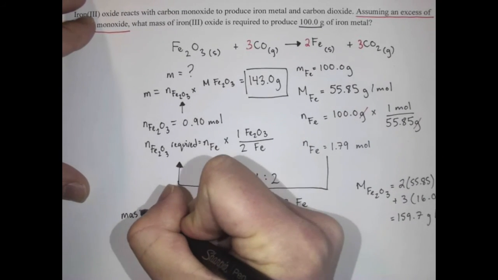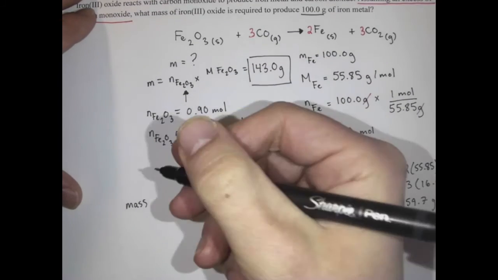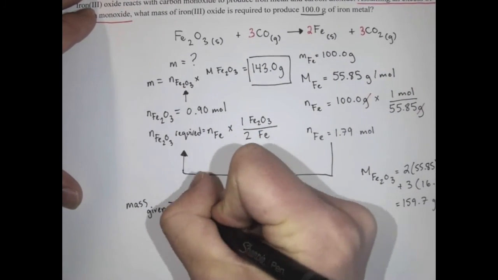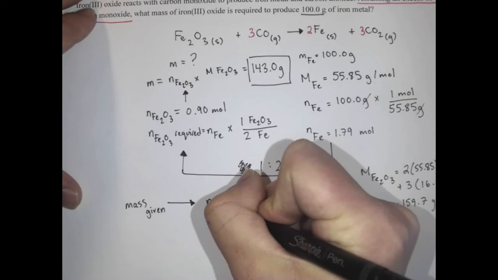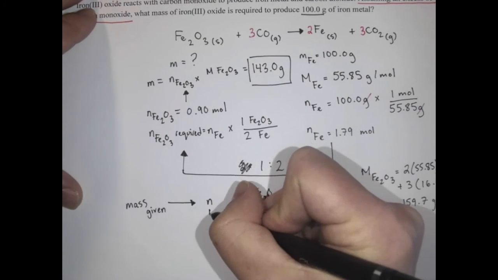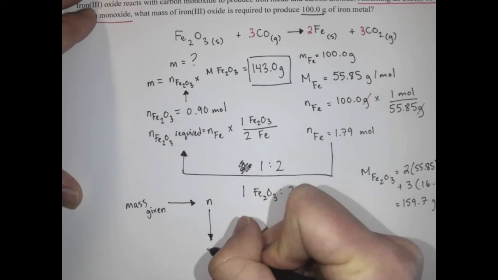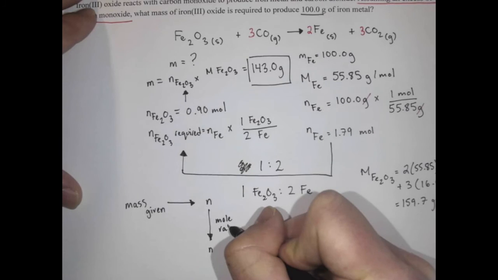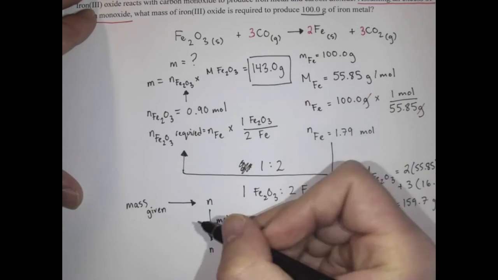You'll start with a mass of something, mass of some sort of given quantity. You're going to have to convert it to moles. Then you'll have to take those moles and convert it to moles of something you're looking for using the mole ratio.